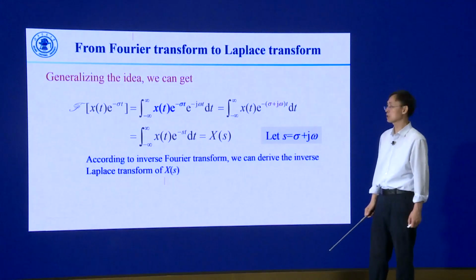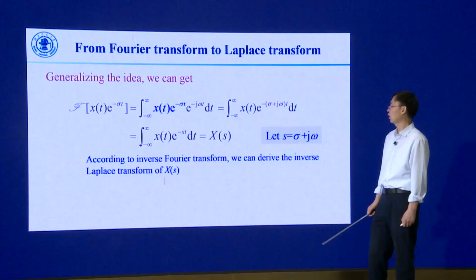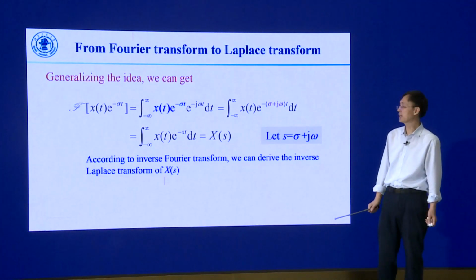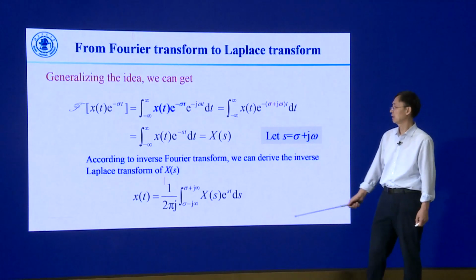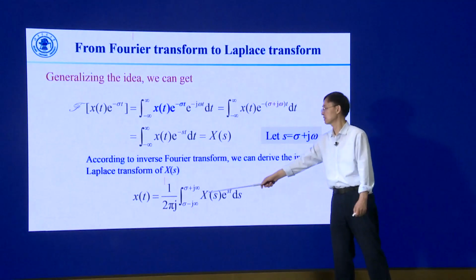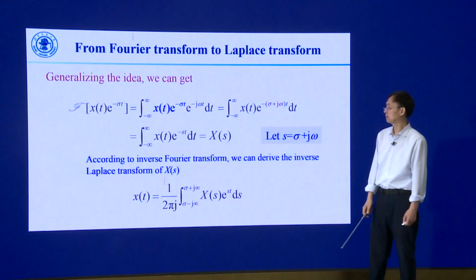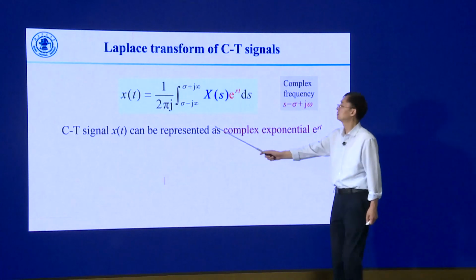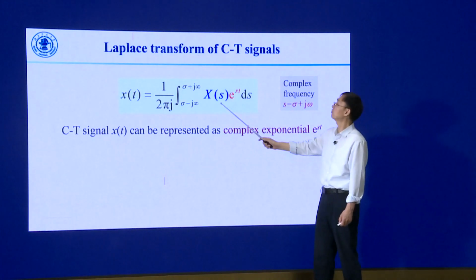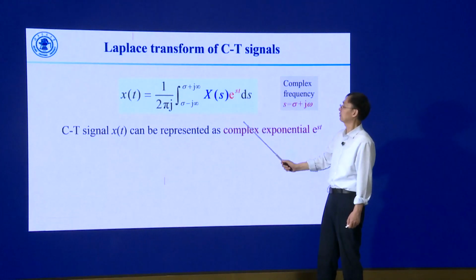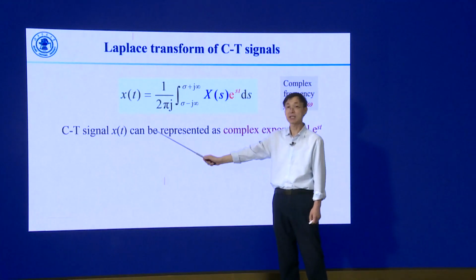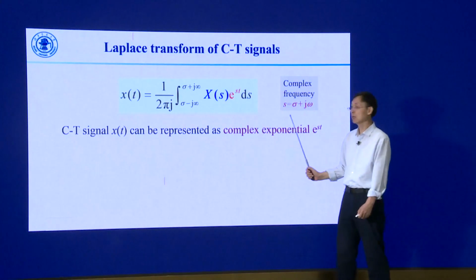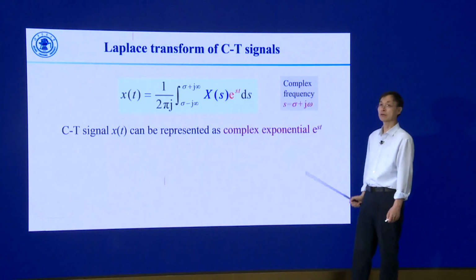According to the inverse Fourier transform, we can derive the inverse Laplace transform of X of s. x of t equals this expression. From this expression, we can find a continuous time signal can be represented as complex exponential functions.